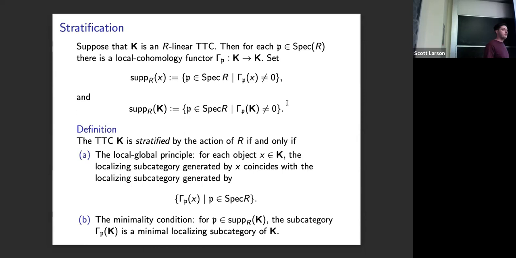Why is it called localizing? Maybe that's okay, you don't know. Yeah, I guess I don't really have a good answer for the terminology.